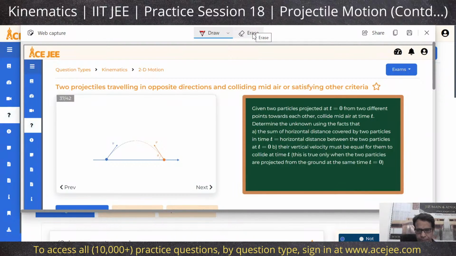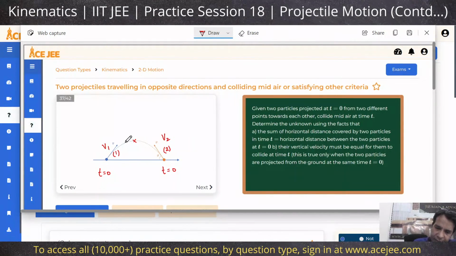So once again, if 2 projectiles are launched at the same time, let me call this projectile 1. This is projectile 2. So they are both launched at t equals 0 with initial velocities v1 and v2. And they meet at a certain point in their flights.